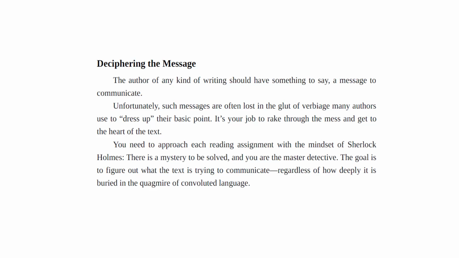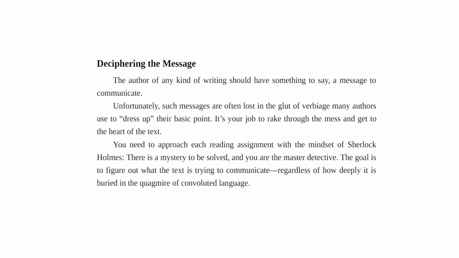The author of any kind of writing should have something to say, a message to communicate. Unfortunately, such messages are often lost in the glut of verbiage many authors use to dress up their basic point. Okay, now I know some American people that don't know what that means.